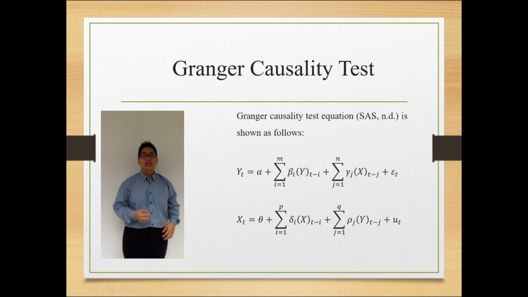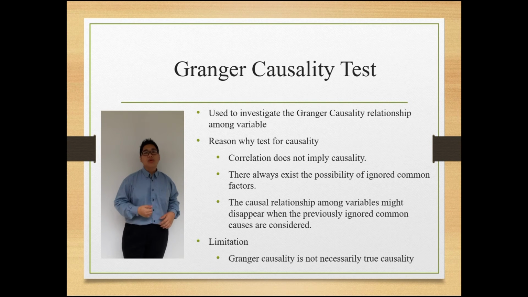Lastly, we will use the Granger causality test to estimate the causality relationship among the variables. The reason why we use the causality test is because correlation does not imply causality, and there is always the possibility of an underlying common factor.